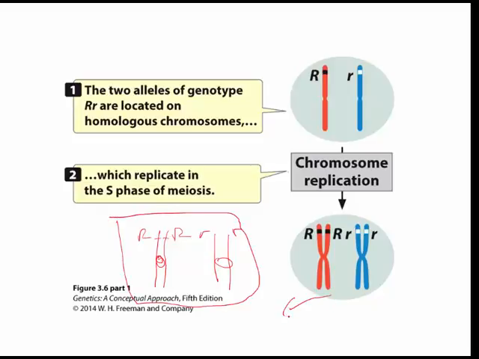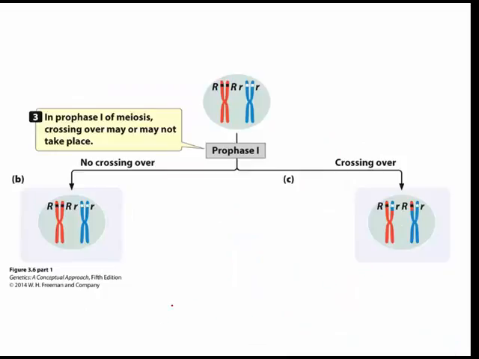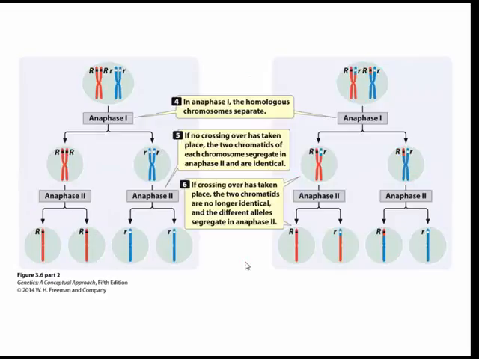So this is metaphase 1, and then during anaphase they'll segregate, and you start out with them like this, and then eventually they all end up just in their one cell, just like we saw on the last slide. So just like this, so don't worry about crossing over, and then they divide again. So what we've got is 1/2 big R, 1/2 little r.